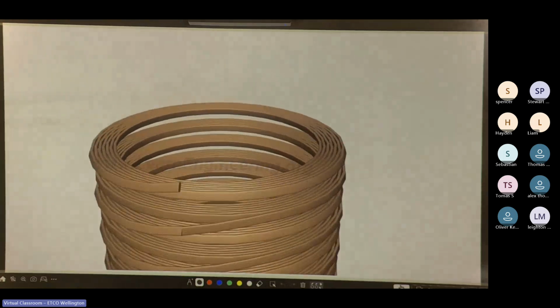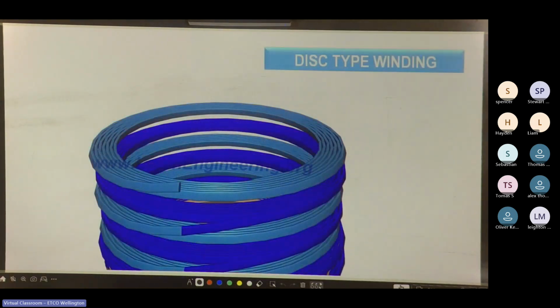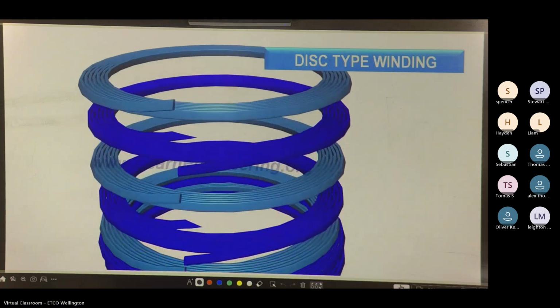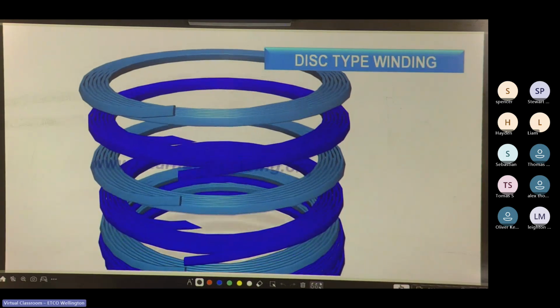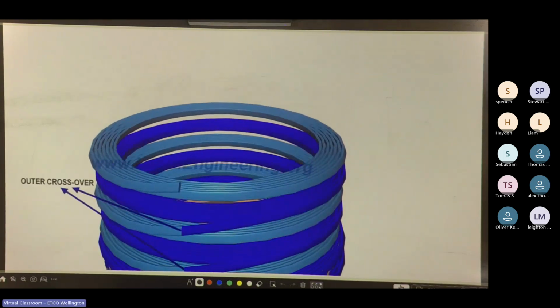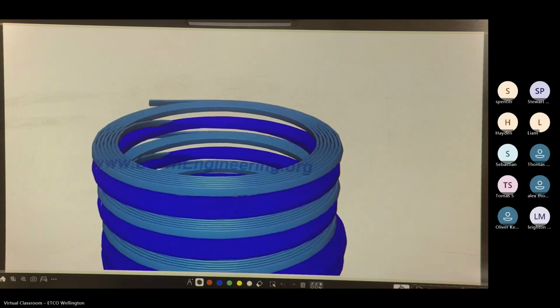Transformers with high power ratings generally employ a special kind of winding known as a disc-type winding, where separate disc windings are connected in series through outer and inner crossovers.